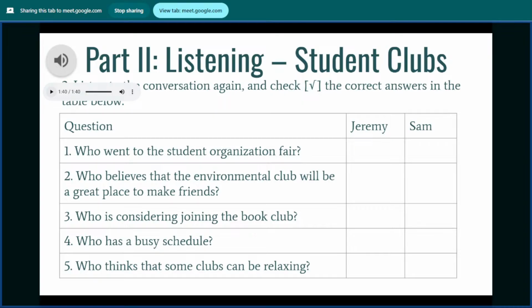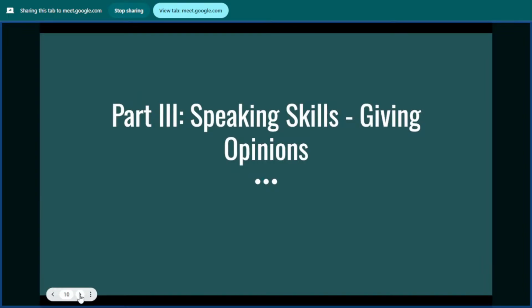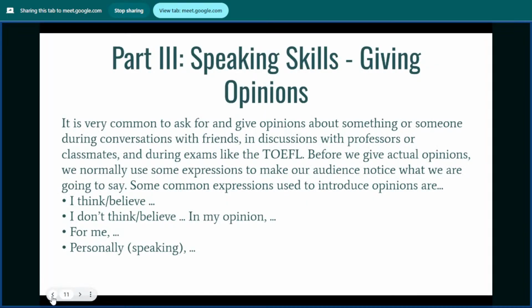Okay, very good. Now, if you have observed closely, they were giving opinions. Correct? That's what becomes important for us, especially for our task number one in speaking. That is where we need to put forward our opinions, where they give you two choices and ask you to put forward whatever you like or what you think about that specific topic.